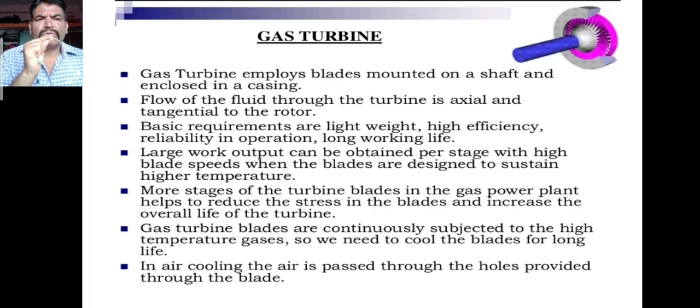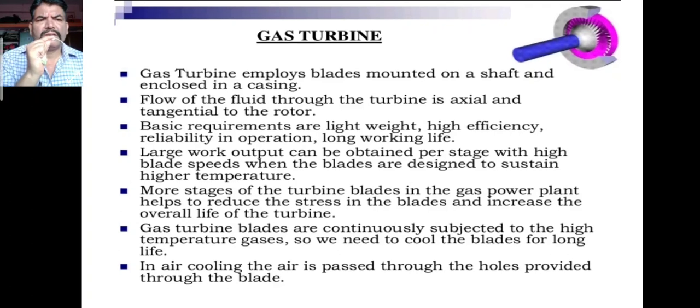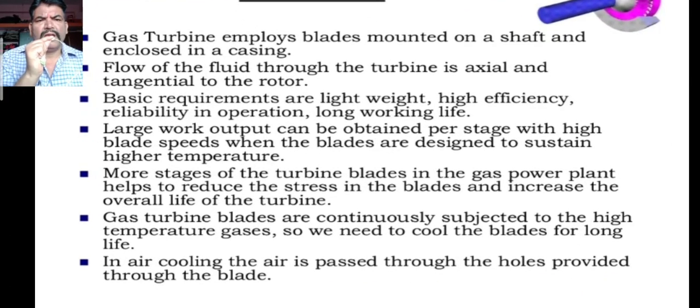Flow of fluid through the turbine is axial and tangential to the rotor. Basic requirements are light weight and high efficiency. Large work output can be obtained per stage with high blade speed when the blades are designed to sustain higher temperature.